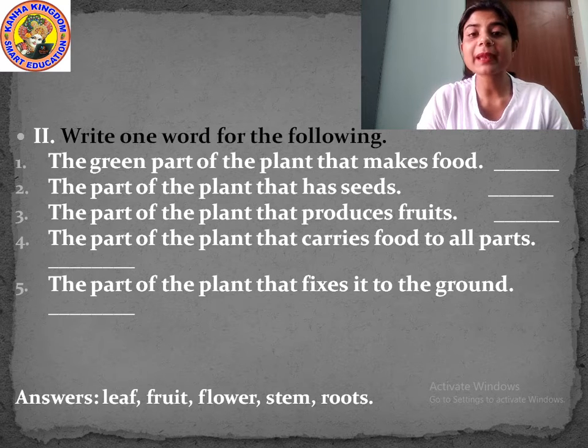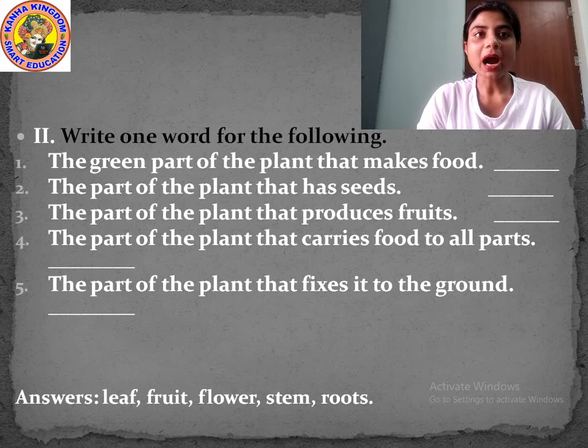Which part of the plant produces fruit? It is flower, F-L-O-W-E-R, flower. The flower of the plant produces fruit. The answer is flower, F-L-O-W-E-R, flower.